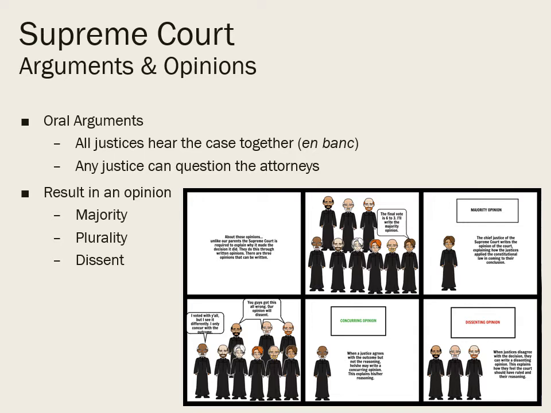A plurality opinion is one in which no single opinion received the support of the majority in both outcome and rationale, but the plurality opinion, the one that's being published as the court's decision, received more support than any other version. A lot of times, a plurality opinion is actually a situation where the majority of justices agree on the outcome of the case, but they differ in the analysis of the law that leads up to that outcome.